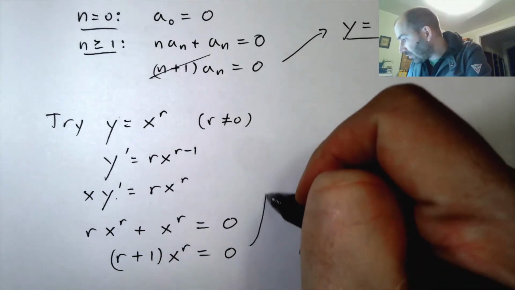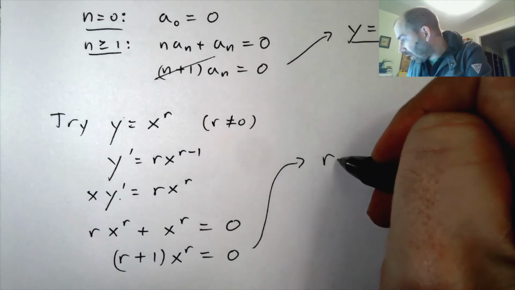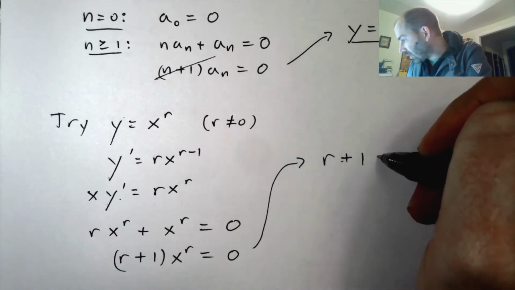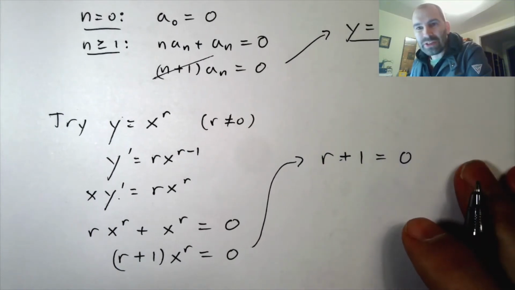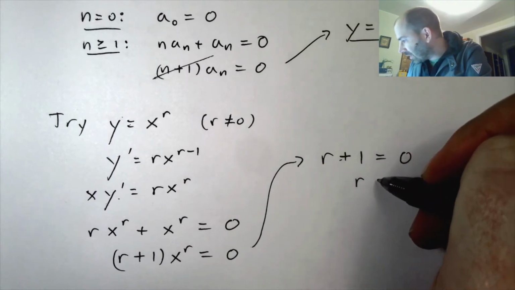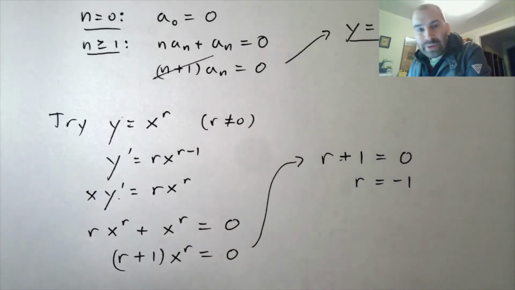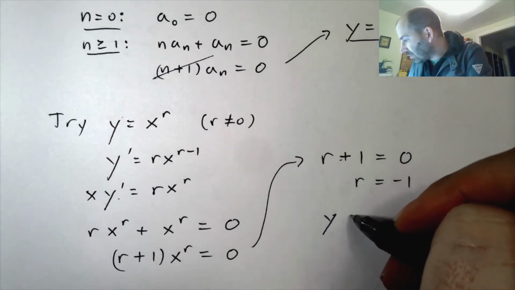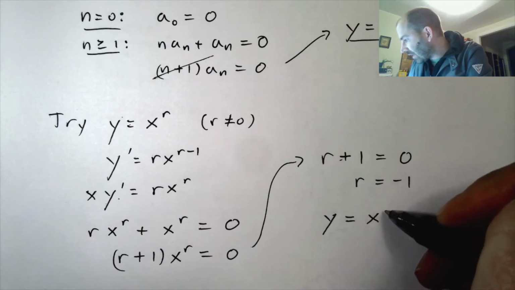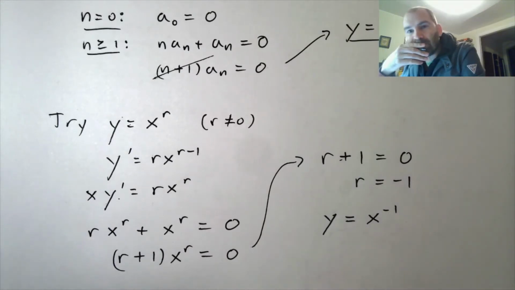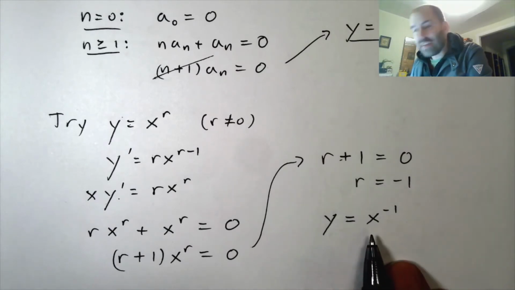And so what I'm really doing is solving this polynomial equation here, and I'm deducing that r has to be -1, which is telling us something. It's telling us that a solution to this differential equation is x to the -1. So yes, y equals 0 is a solution, but so is this.